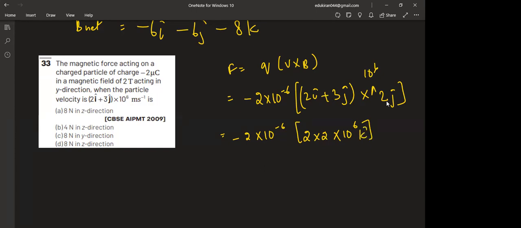Third one, I cap cross j cap gives you K cap. So 2 cube, this is 8 Newton. And see the negative sign, that means along negative z axis. So which option? A option. Quickly note it down.